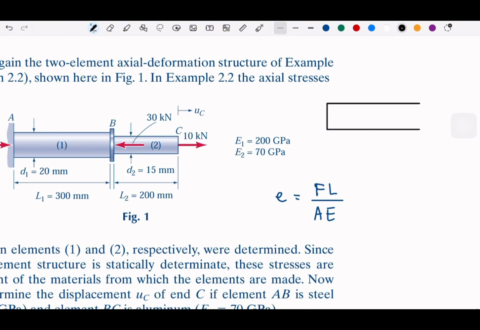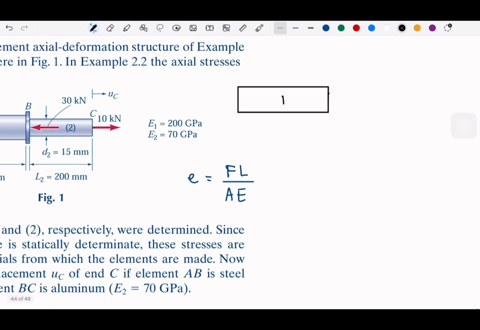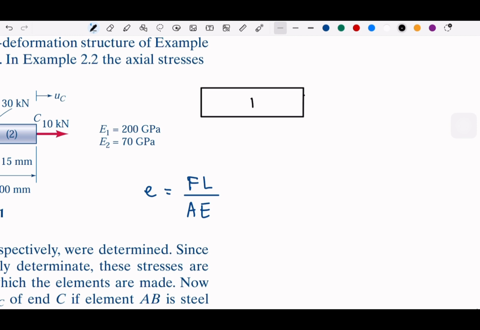Let's say this is rod 1. Suppose that we cut this down.